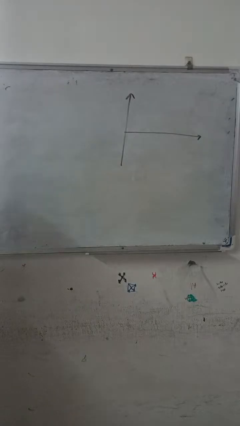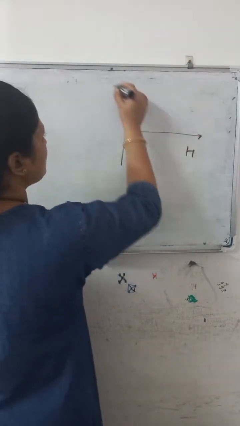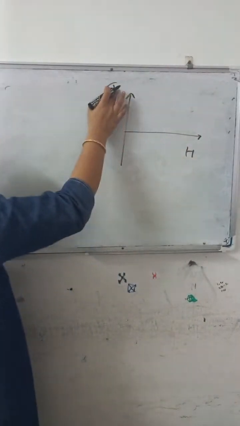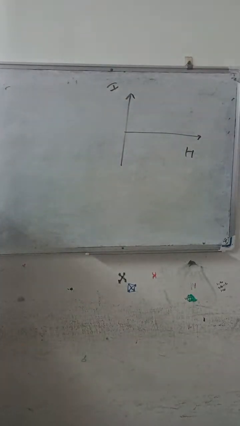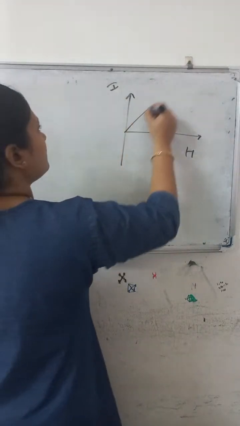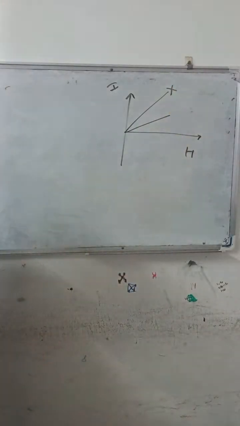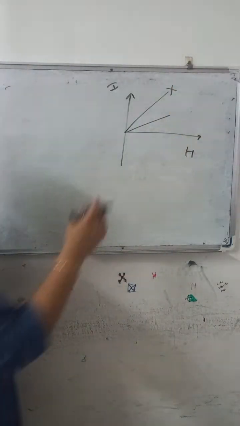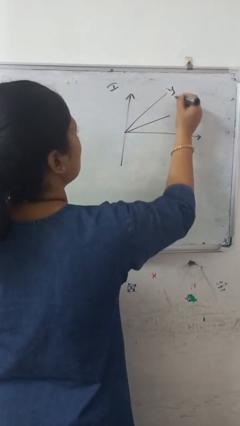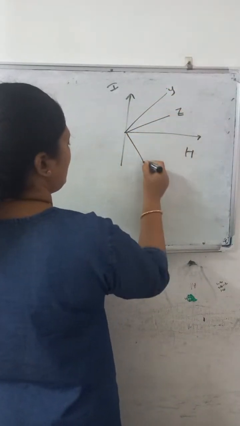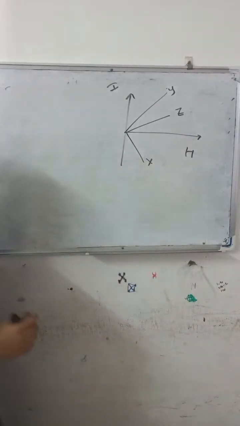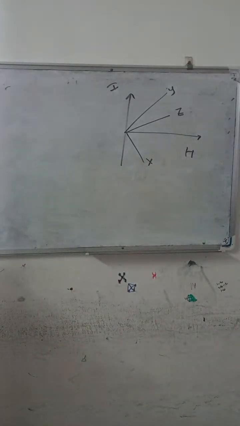Here they gave magnetization, here current I. This is y, this is z, and we have this as x. Okay, so check the graph H versus I.